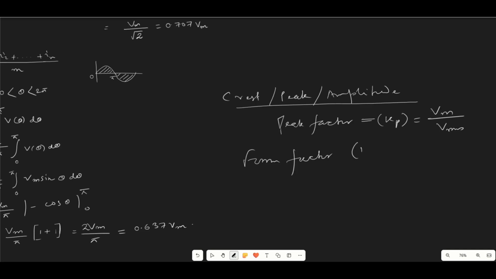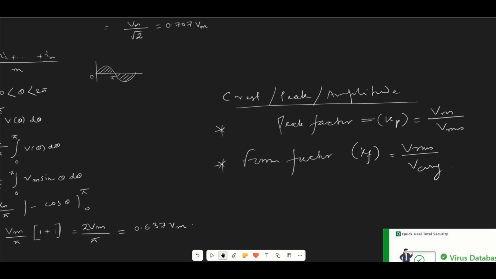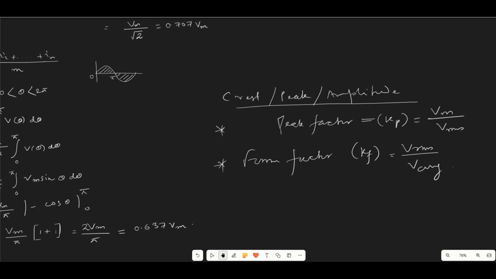Form factor is given by Kf, and it is the ratio of V RMS divided by V average. So these are two new terminologies you should know, and they will be required for solving any type of numericals or wherever we have to determine the form factor and peak factor, right? So I hope it is understood.